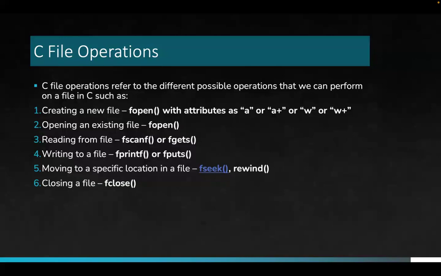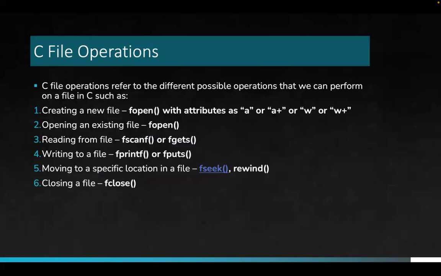You can open with a, a+, w, w+. A is nothing but append data. If you want to read, or read plus add new data to the existing file without removing the entire data from the file, that mode is a. If you want to write to a new text file or a binary file, then you have to use w.